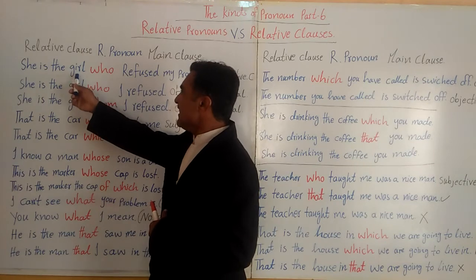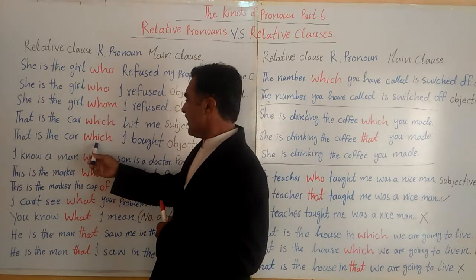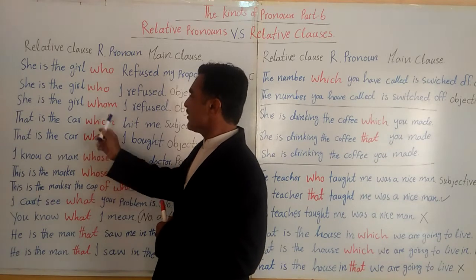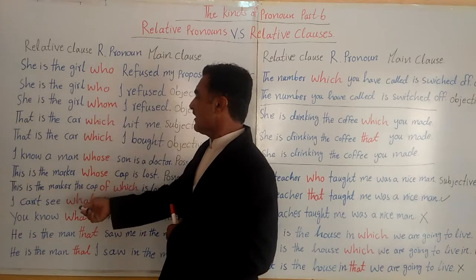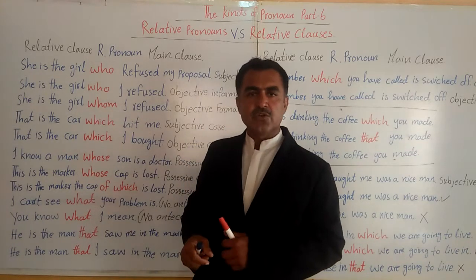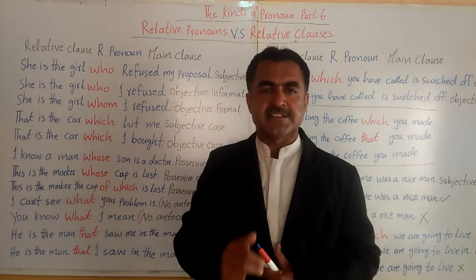Now these are the antecedents, because these relative pronouns relate to these nouns. So these nouns are called the antecedents. The noun that comes before the relative pronoun is called the antecedent.